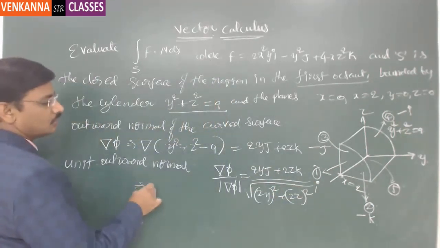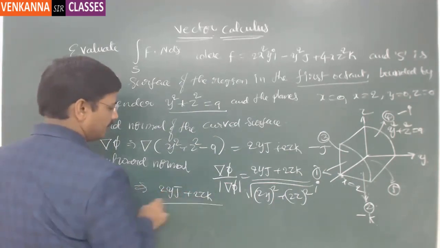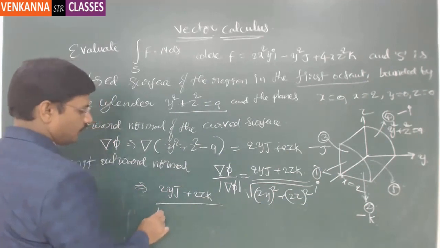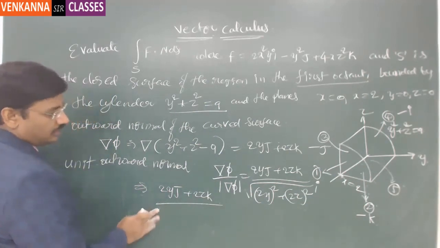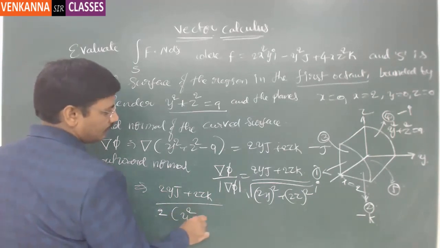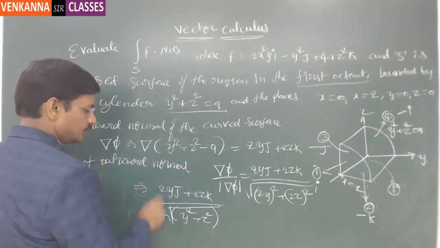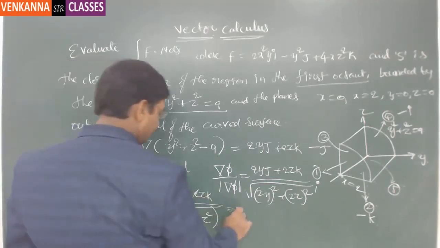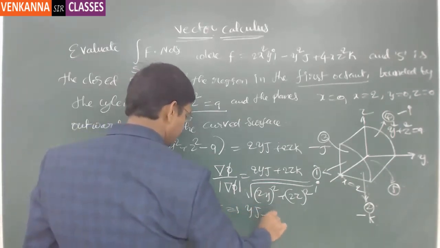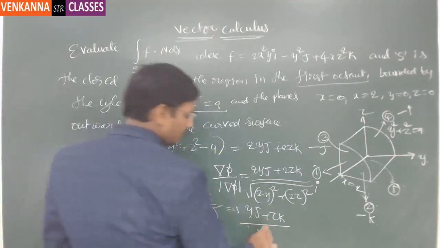Then this is going to be 2y j plus 2z k divided by, here 2 square will be 4 and that comes out of the root as 2, and then the square root of y square plus z square. So these two will cancel, and then y j plus z k divided by the square root of y square plus z square, which is equal to 9. So square root of 9 is 3.